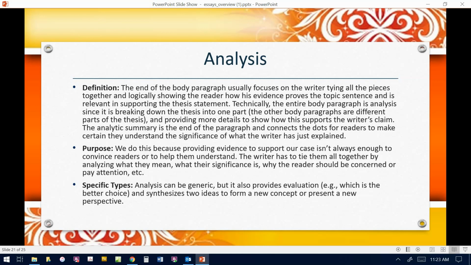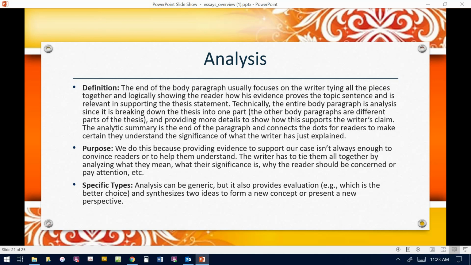The last part of the body paragraph, or the A part, is analysis. So again, we've given them the point of support in the topic sentence. We've explained what we mean by that. We've given them now evidence to help clarify and make anything that might be abstract in our explanation really concrete. That's not always enough.